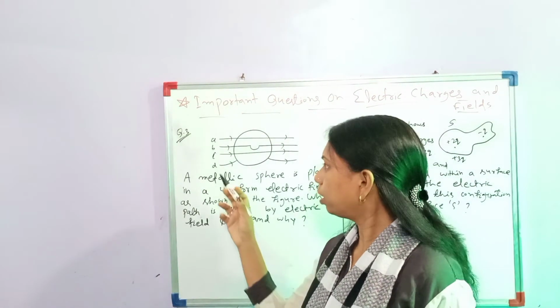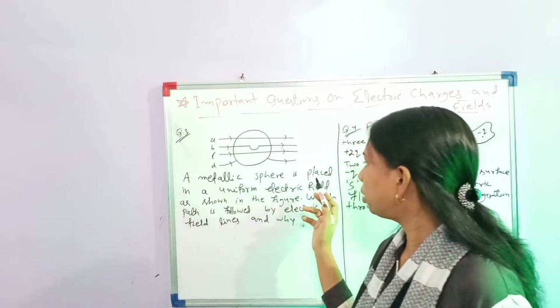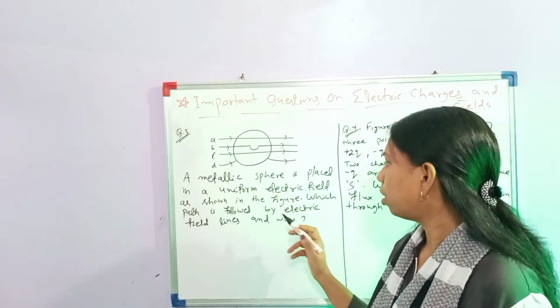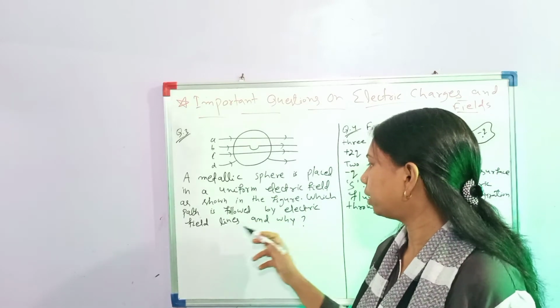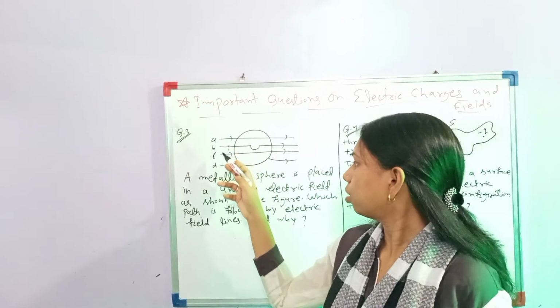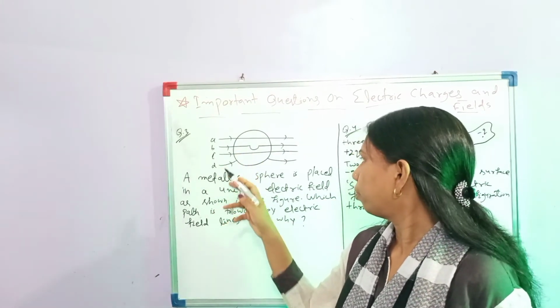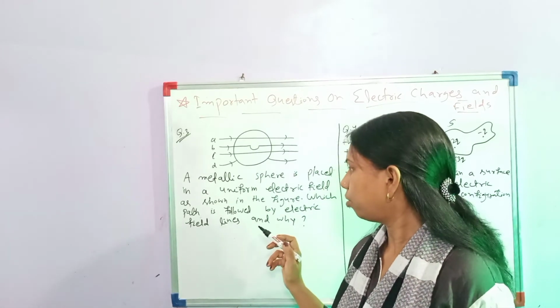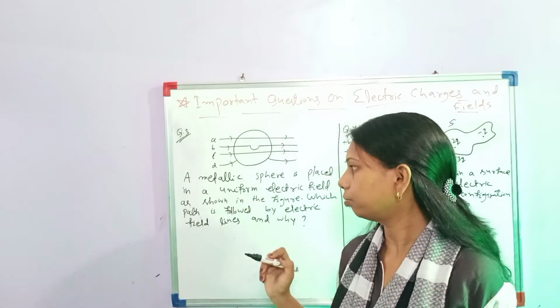Next, question number 3. A metallic sphere is placed in a uniform electric field as shown in the figure. Which path is followed by the electric field lines and why? Here 4 paths A, B, C and D are given. You have to choose the correct path.